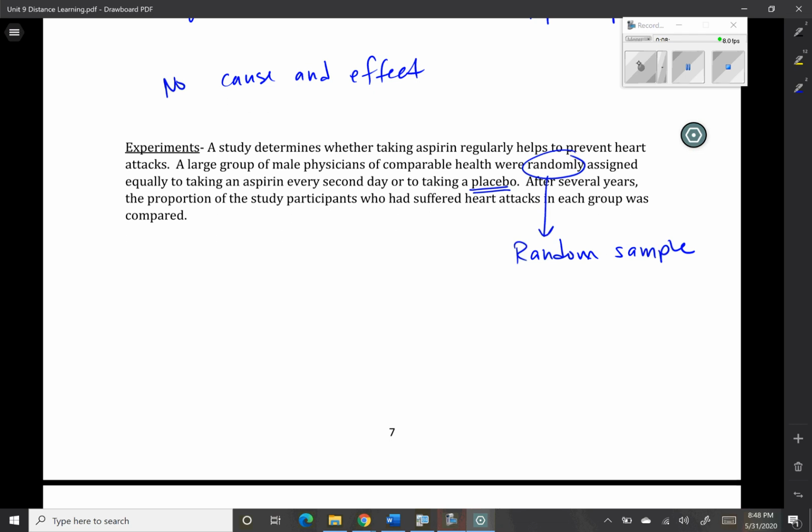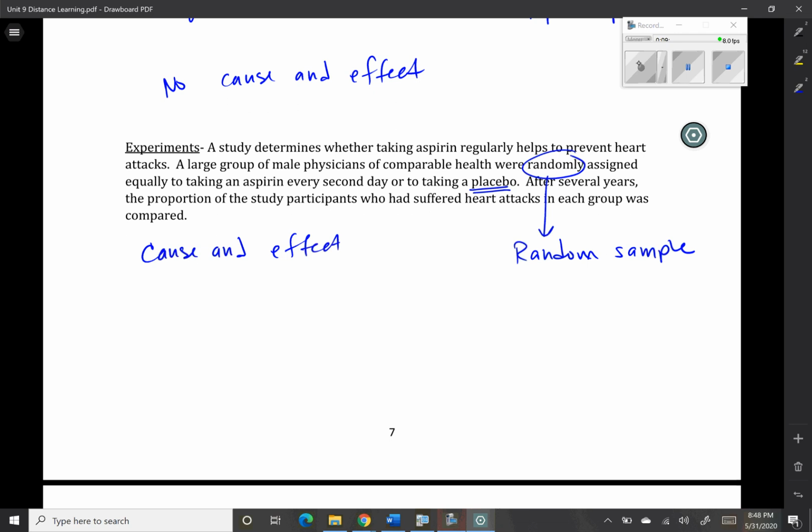So first off, big difference here, there is cause and effect. We've already established that we have a random sample, a representative sample, because we're randomly choosing people here again. But now one difference here between an experiment versus the other two is there is cause and effect. I'm introducing something and seeing if that something makes a change in the future.